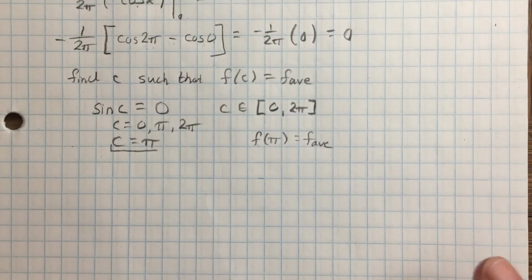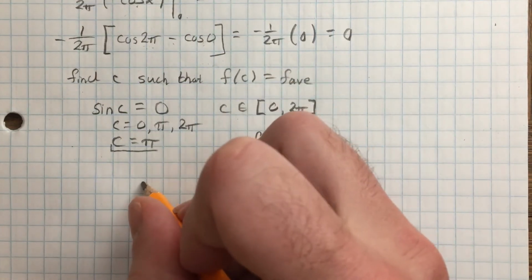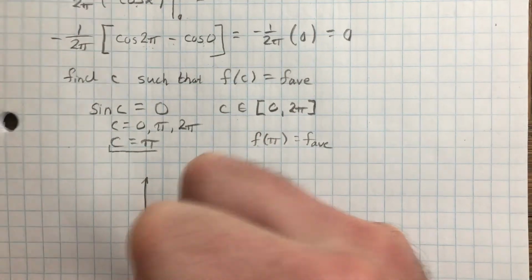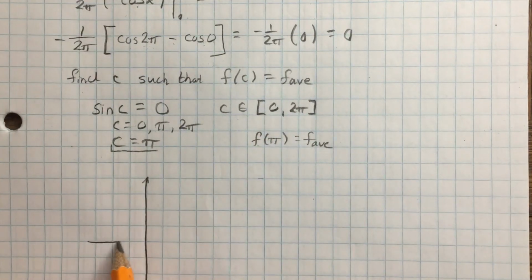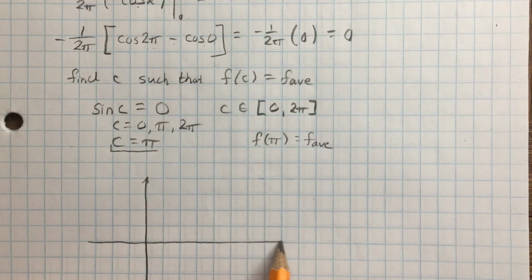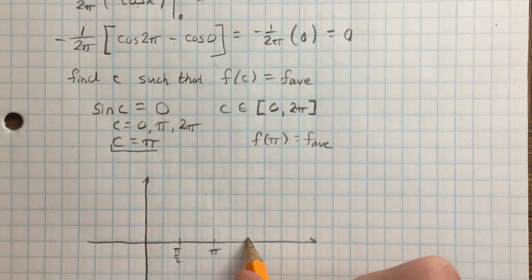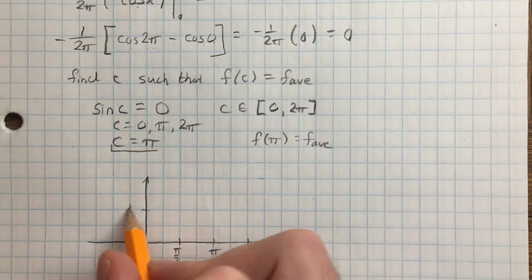Sometimes there's other ways. So let's look at a picture of this sine function. And we'll see why its average value is 0 here in a moment. But the interval is 0 to 2 pi. So here's pi on 2, pi, 3 pi on 2, 2 pi, and here's -1 and 1 perhaps.